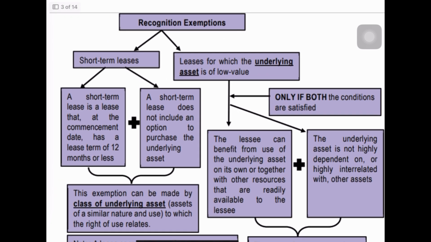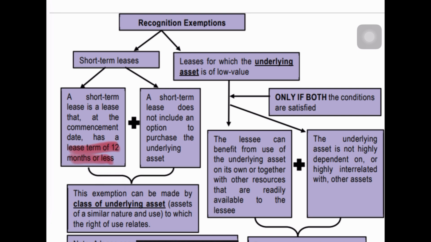For short-term leases, we have two conditions that need to be met. If both conditions are met, then for short-term leases Ind AS 116 will not be applied, and you can directly charge those lease rentals off to P&L. The first condition is that a short-term lease is a lease that at the commencement date has a lease term of 12 months or less.